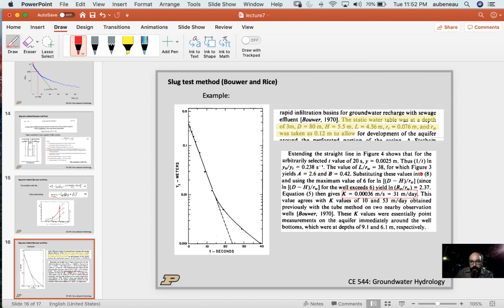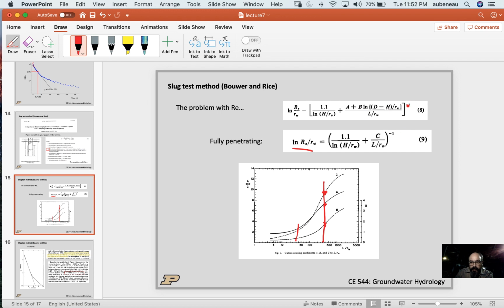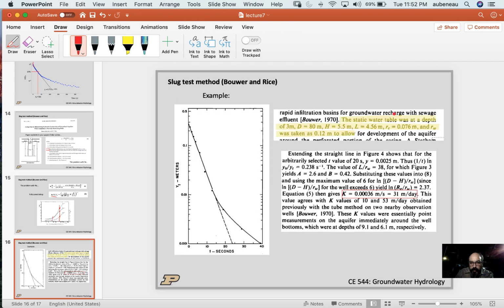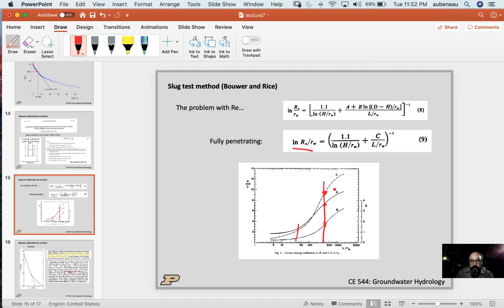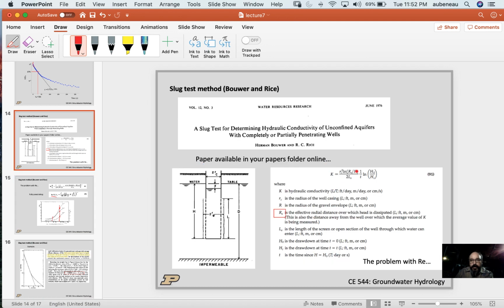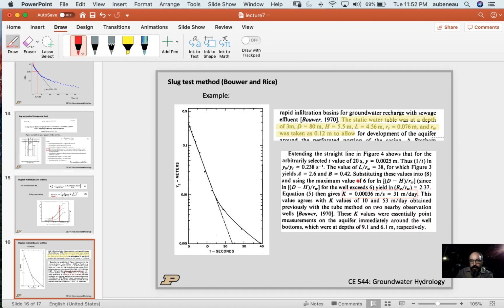So equation 8 here, just plug everything in, find the value of that natural log. And then finally, you can use your general equation, so equation 5 in the paper, or this equation here from Feather, to plug everything in and find K. Okay? So this is the whole process. Here is a worked out example, basically, of the Boer and Rice method.